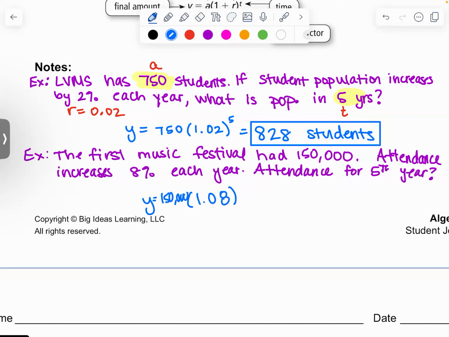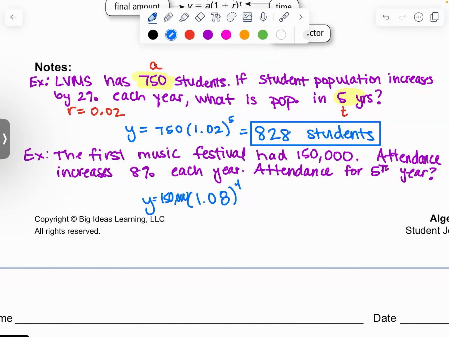But what exponent do we have? How did you get 4? It's the attendance for the 5th year. Because it's attendance for the 5th year, which would be in 4 years. So is it 5 or 4? It's 4.